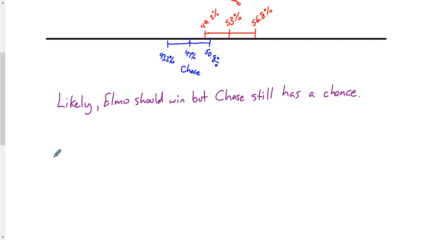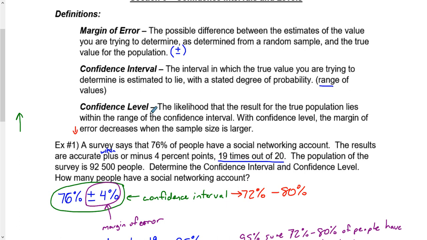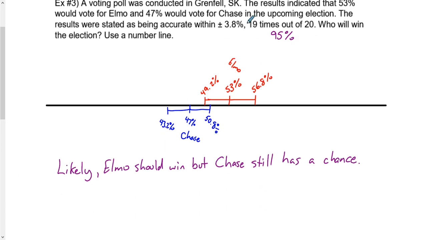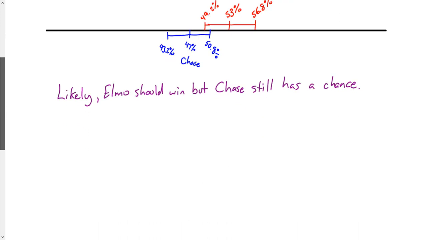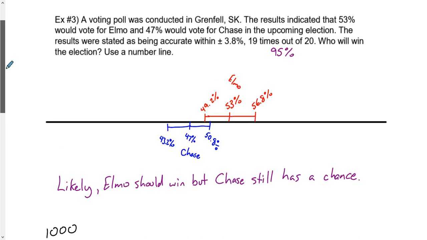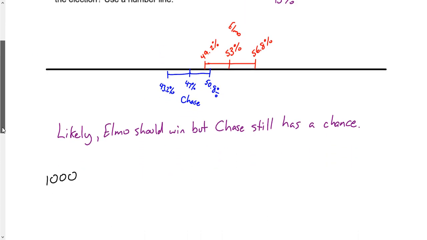Now, as I had made a mention, with confidence level, the margin of error decreases when the sample size is larger. Maybe only 1,000 people were surveyed. In Grenfell, that's a huge amount.